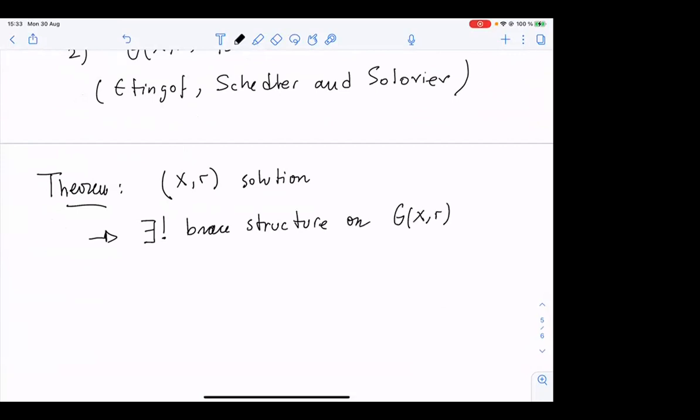So essentially what I'm saying is that I can define an addition in this group in such a way that this is a brace. So this is not only a group, but a brace. And since it is a brace, I can compute the solution associated to a brace, and I can restrict this to X. If I do this, then I recover the original solution.